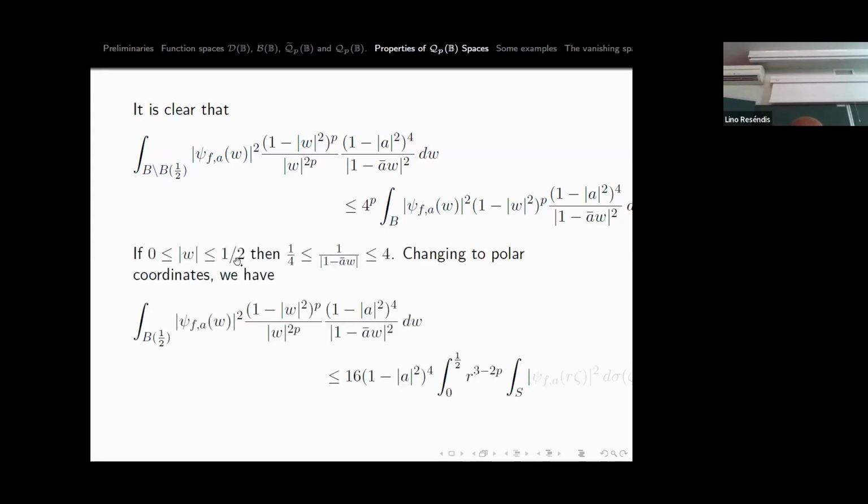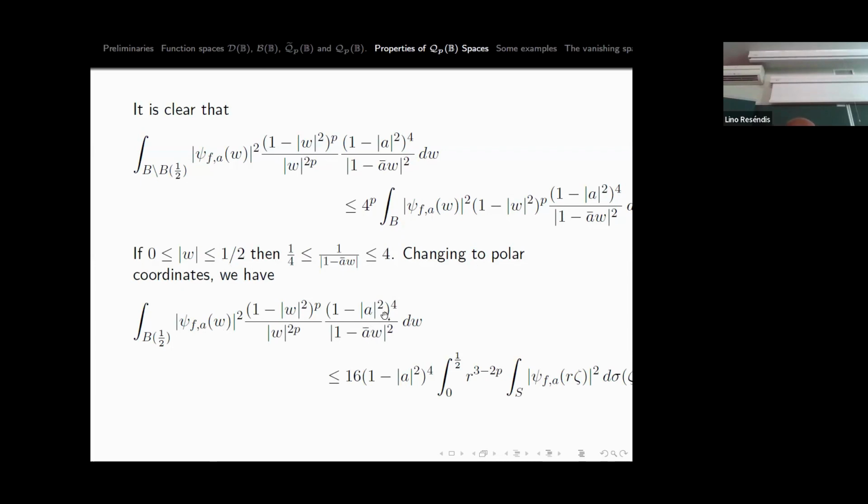Now, if we consider this ball with radius 1/2, then it's possible to estimate this quantity between these two numbers. And again, we change to polar coordinates. We consider this integral on the ball of radius 1, and we can estimate here.